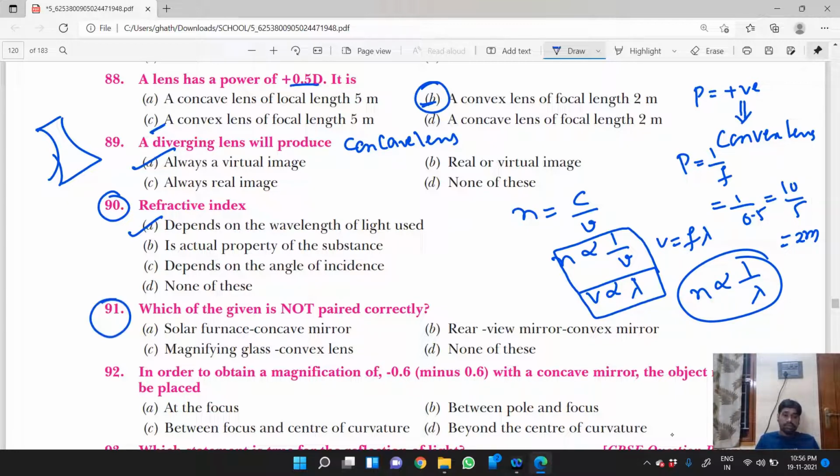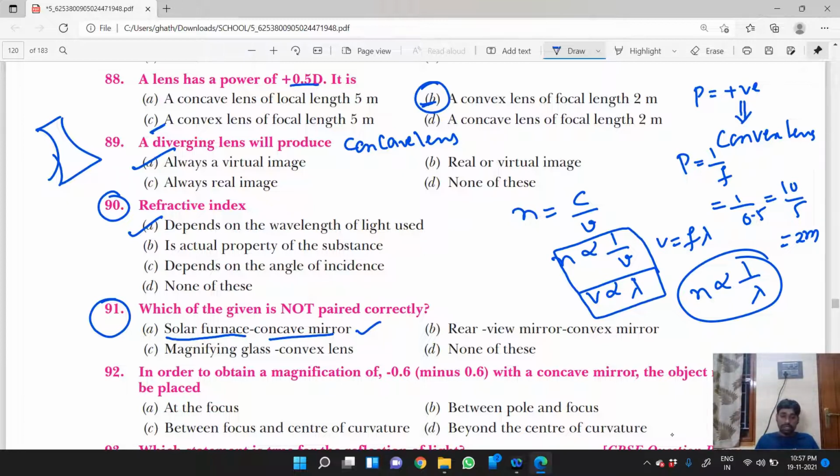Next, 91st question. Which of the given is not paired correctly? Solar furnace, concave mirror: yes, it is a converging mirror, it converges at a point, so it is correct. Rear view mirror is a convex mirror because it always forms a virtual diminished image.